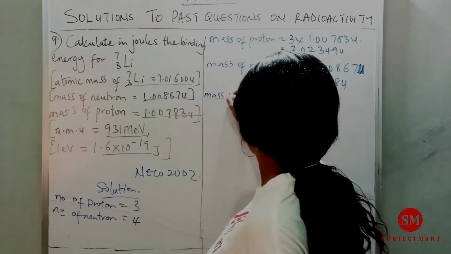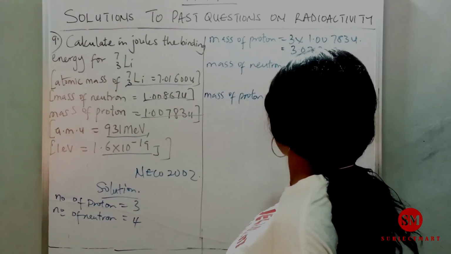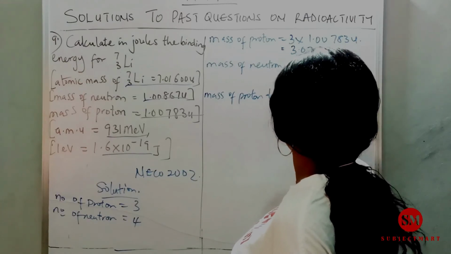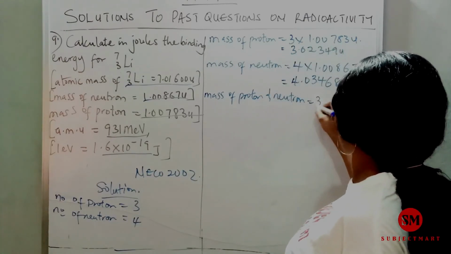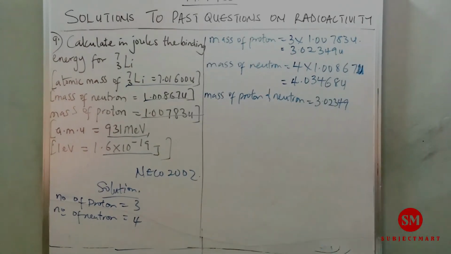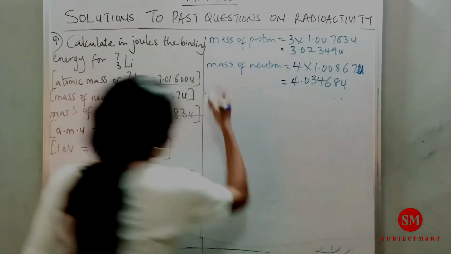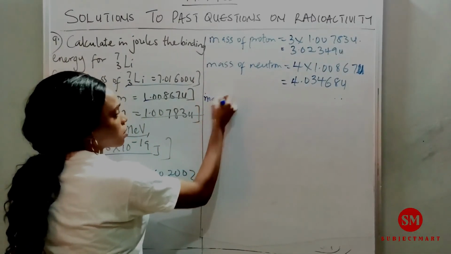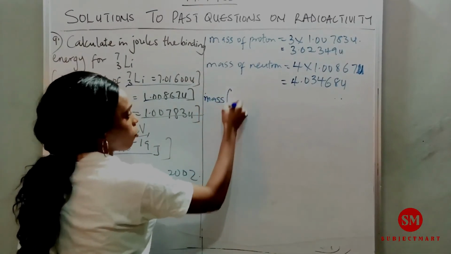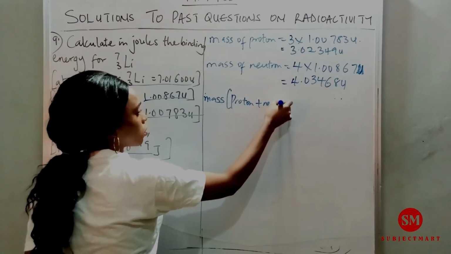So mass of proton and neutron is equal to, we are adding the mass of proton plus neutron.